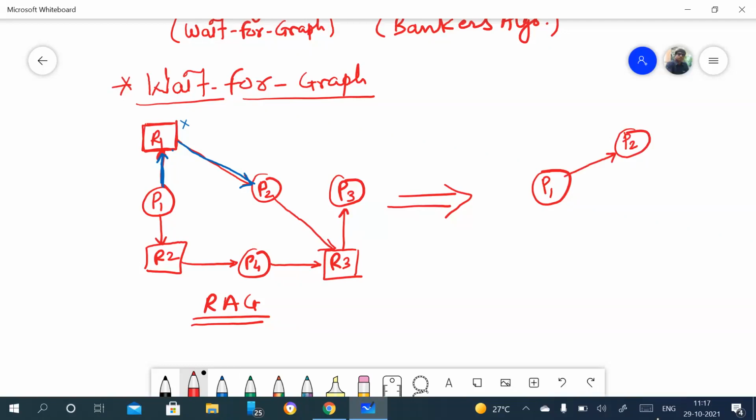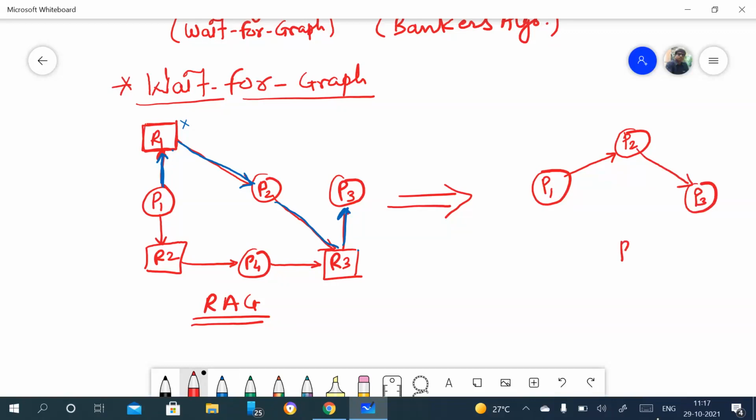And what about P2? For P2 you can see here, from here to here. So R3 is not required to be represented in this. Suppose that P3 is there, so this will be represented like this.